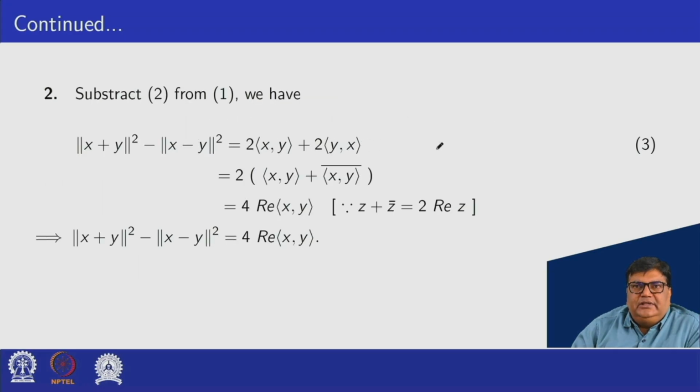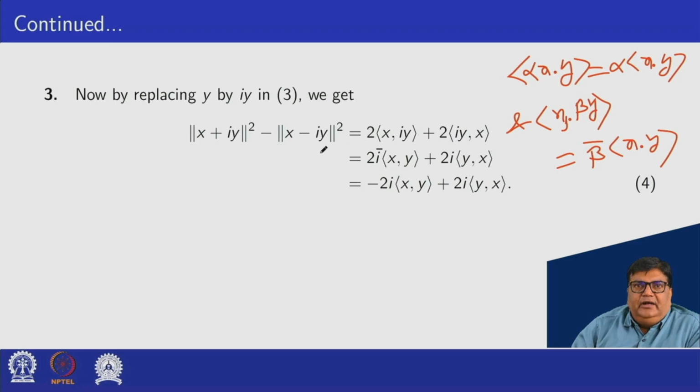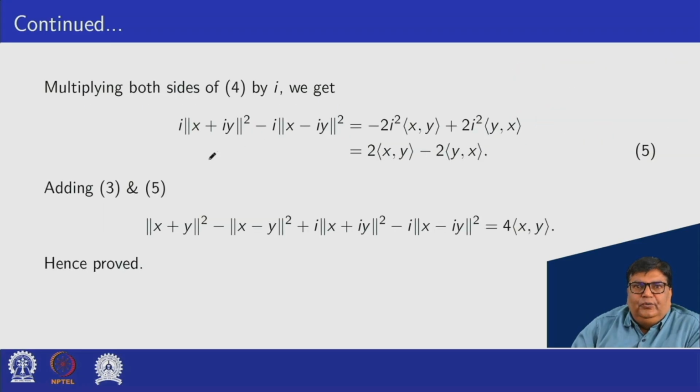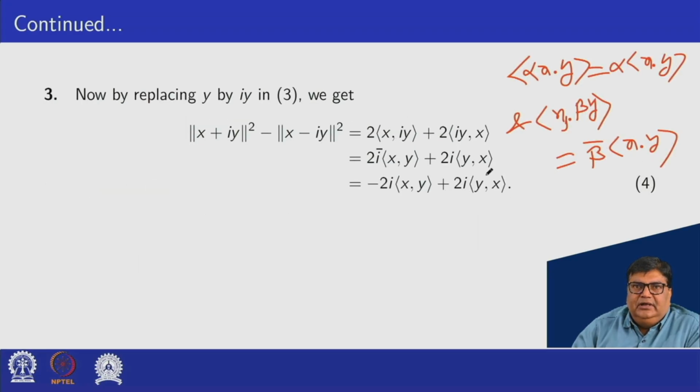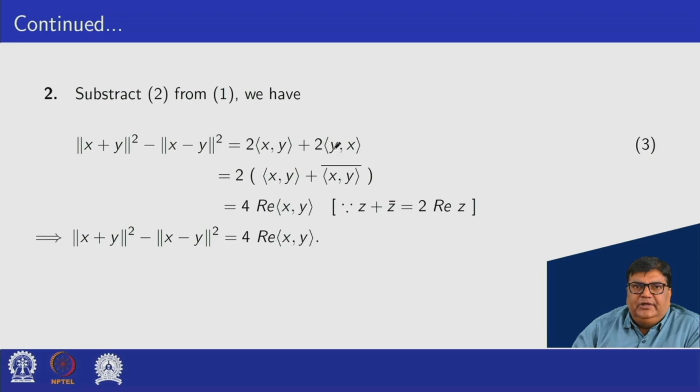Adding equation 3 and 5, we have the square of the norm of x plus y minus the square of the norm of x minus y plus i times the square of the norm of x plus iy minus i times the square of the norm of x minus iy equal to 4 inner product of xy, because this is minus and in equation 3 this is plus, so they cancel out.